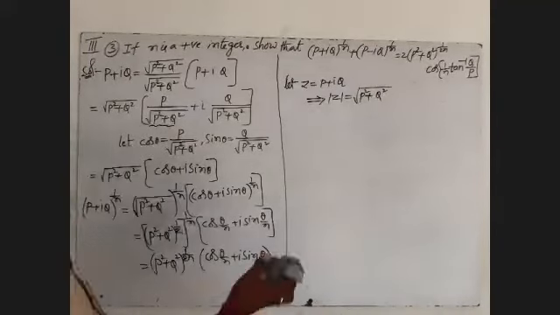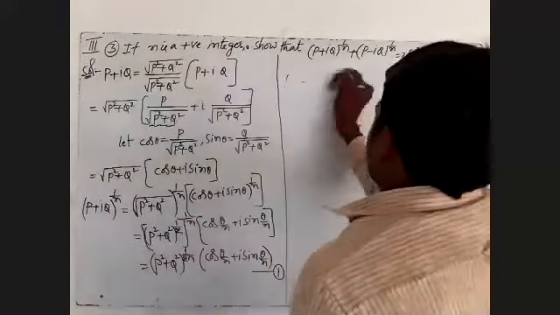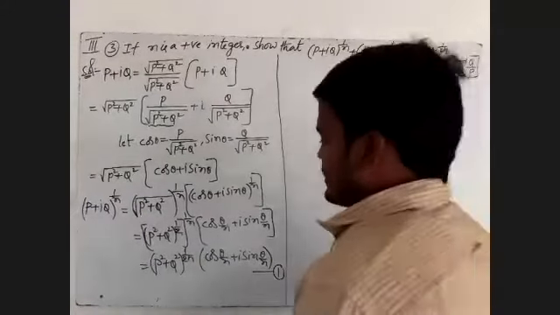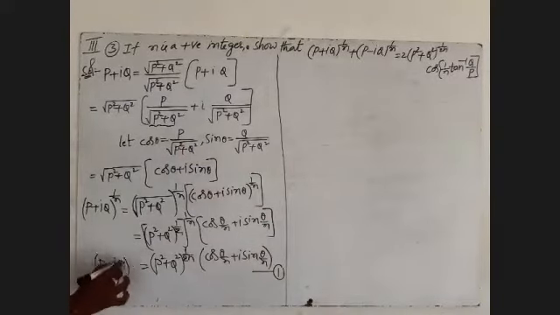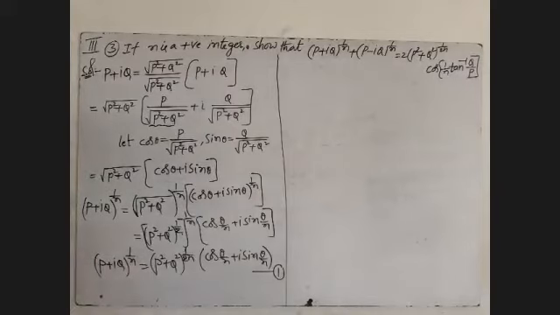After that, we'll take this as the value of (p + iq)^(1/n).